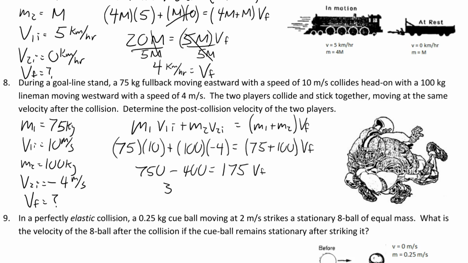So 350 is equal to 175 VF. So VF is equal to 2 meters per second in the positive direction. So that means that this guy who was moving to the right actually was winning the collision in terms of momentum. So they start moving to the right.